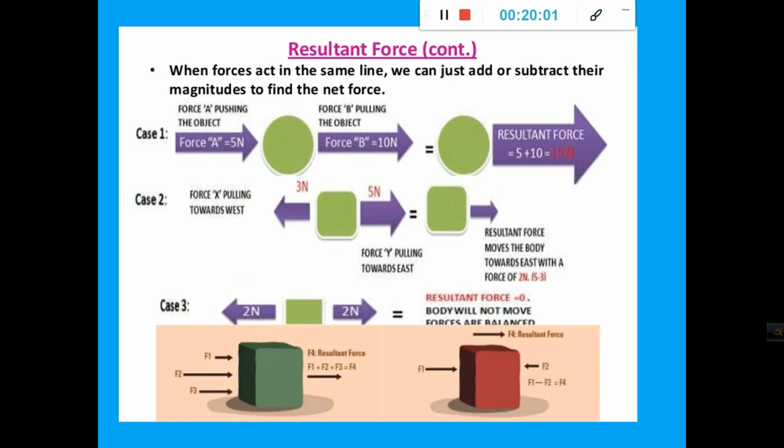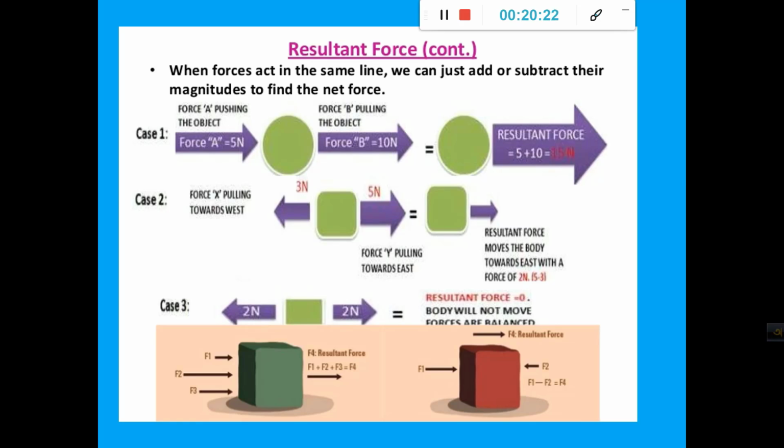Case 2, force X pulling towards west 3 Newton, and force Y pulling towards east 5 Newton. So the resultant force moves the body towards east with a force of 2 Newton.